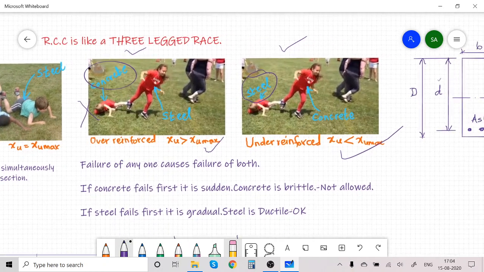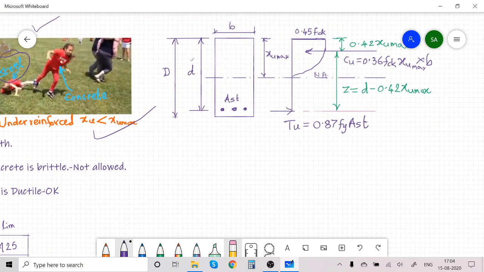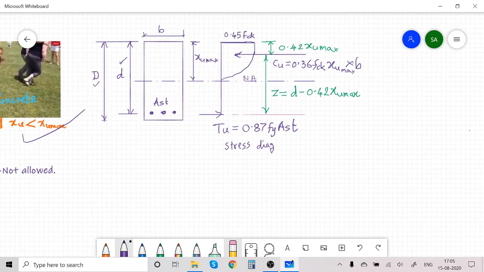Now, consider the stress diagram. Here, there is a rectangular singly reinforced section, and this is its stress diagram. As usual, B is the width of the section, capital D is the overall depth, small d is the effective depth, and the area of steel, that is steel bars, is provided on the tension side. The stress diagram for concrete is rectangular plus parabola.